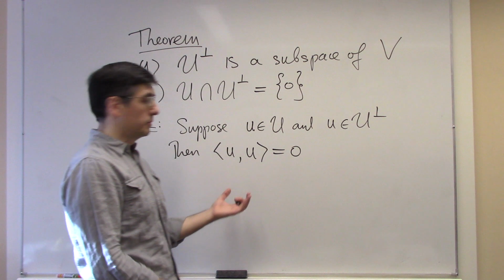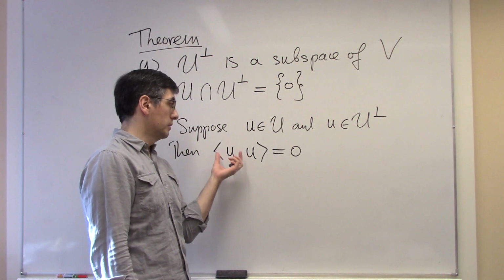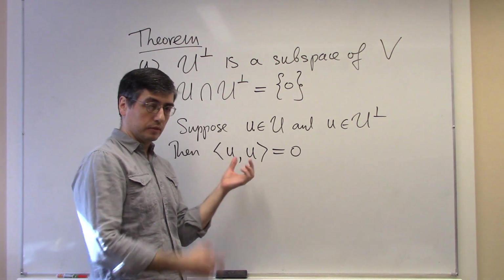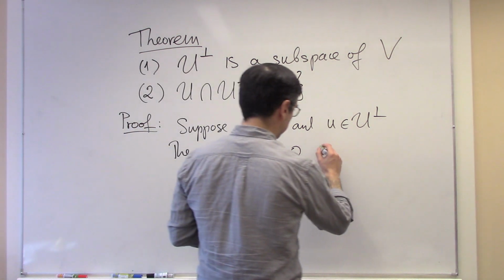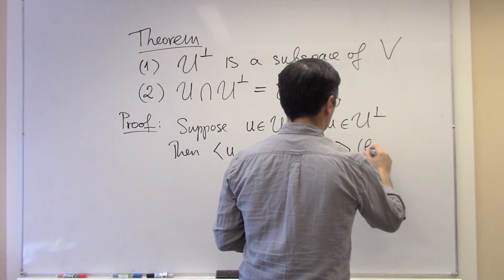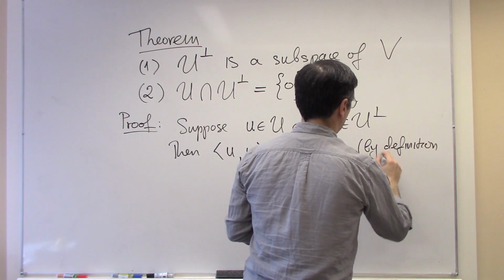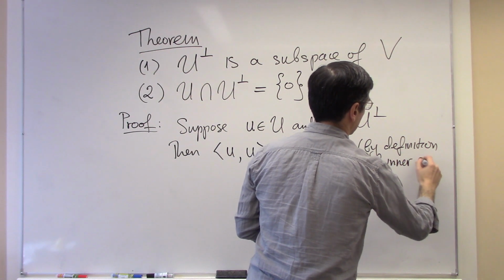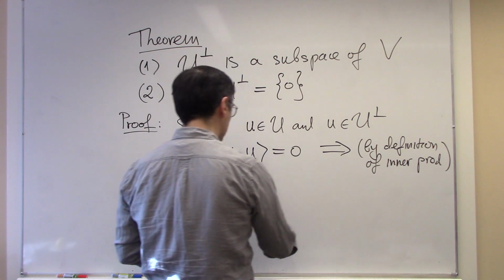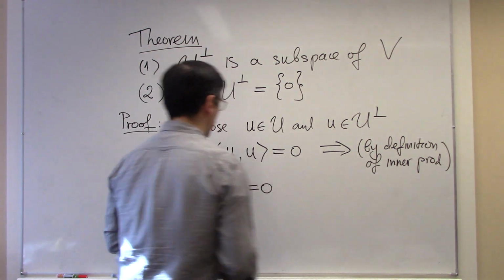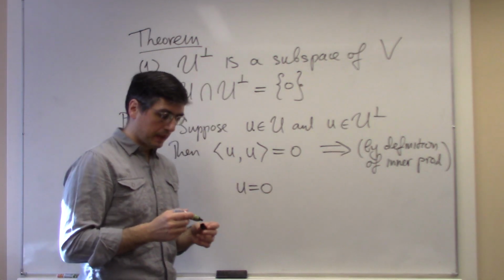But by the properties of inner product, we know that the only vector that gives 0 when you take the inner product of the vector with itself is the 0 vector. So this implies, by definition of inner product, that u is 0, as was required to show.